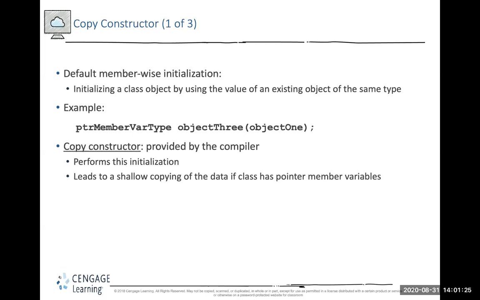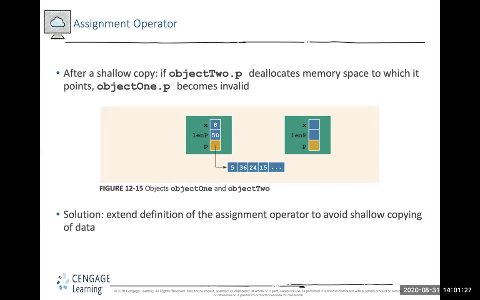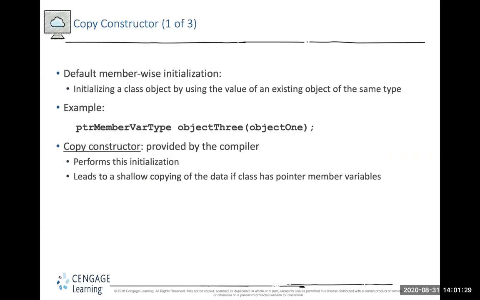And now there's another thing called the copy constructor. And why does that matter? First of all, the default initialization is that, when you provide an object of a class, you can initialize another object with a different object.